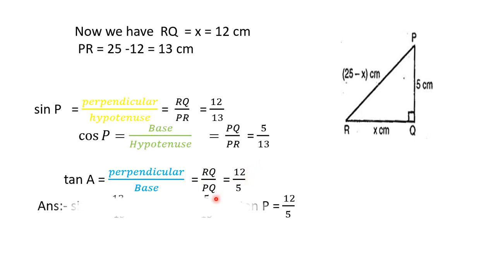So here we get the values: sine P is 12 by 13, cos P is 5 by 13, and tan P is 12 by 5.